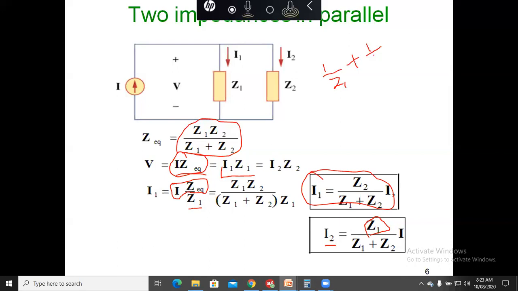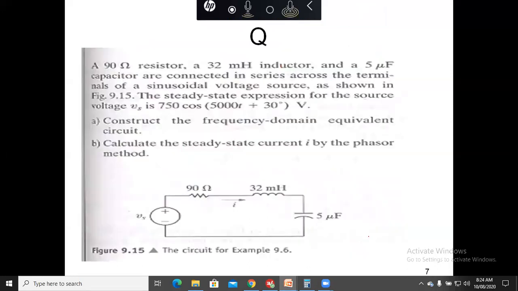This is almost the same as what you have learned in the first course, but here we are dealing with phasor current and phasor voltages, so we have the same rules to follow. Now we have an RLC circuit.